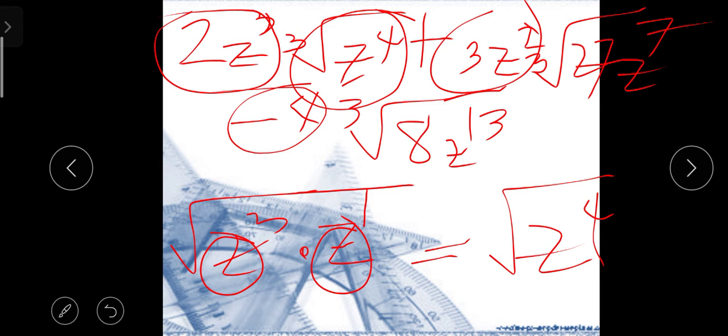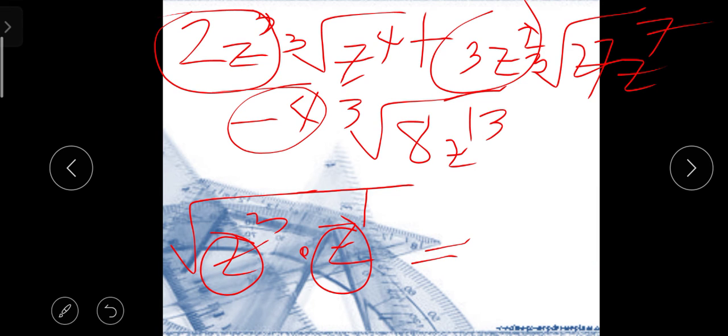So, gagawin natin to pagpa-factor doon sa pinakang exponent para magkaroon tayo ng common. So, dito meron tayong z raised to 1. Ito ay naka-cube root ha. Tandaan nyo, naka-cube root siya. So, meron tayong 3 dito.